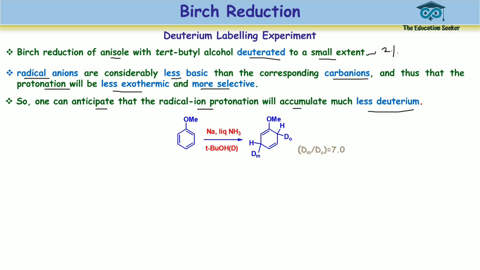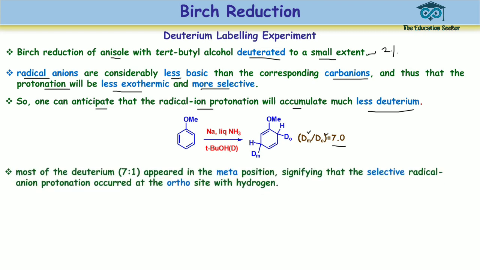So they found that the ratio of deuterium at the meta position to the deuterium at the ortho position is 7. So most of the deuterium appeared in the meta position. On the other hand, you can say that the ratio of hydrogen at the ortho position to the hydrogen at the meta position is much greater than 1. So what does it signify? It signifies that selective radical anion protonation occurred at the ortho site with hydrogen, right?